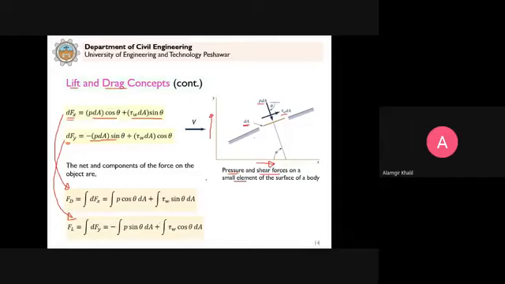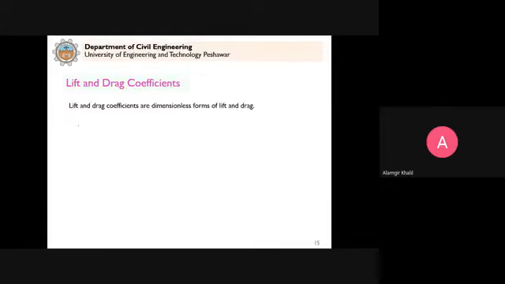So as I said, it is very difficult to calculate for the differential areas of the body the shear stress and the pressure acting on that. So that's why we defined the lift and drag coefficients, clear, which are dimensionless. So the lift and drag coefficients are dimensionless forms of lift and drag.